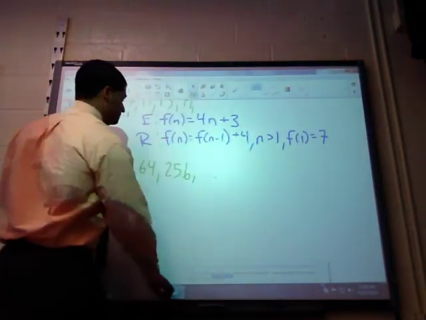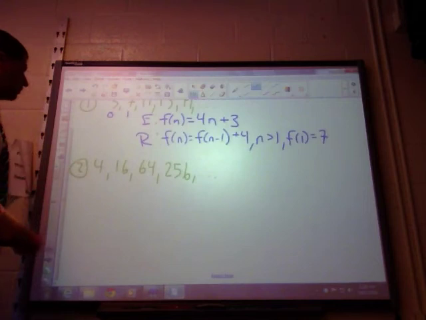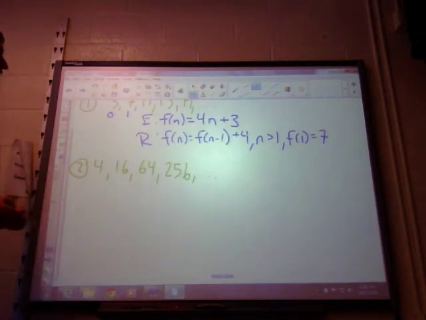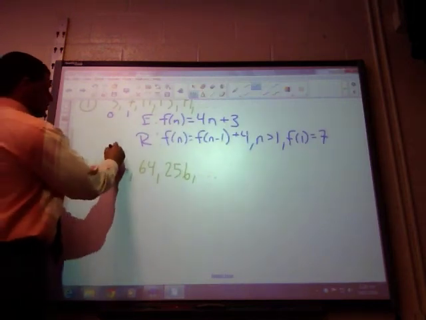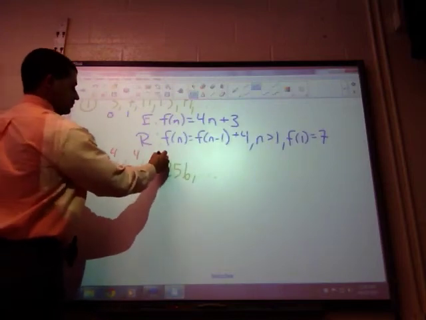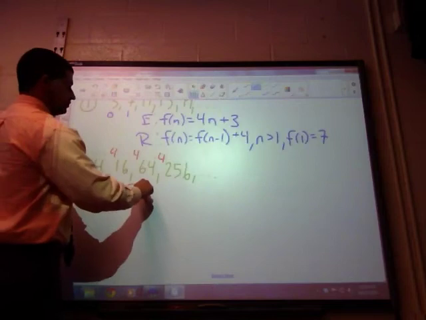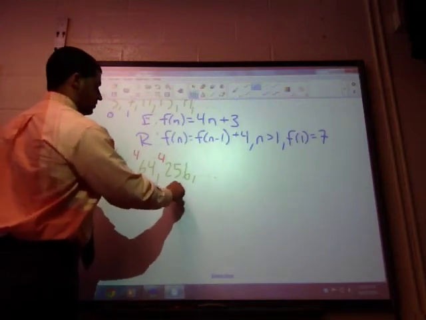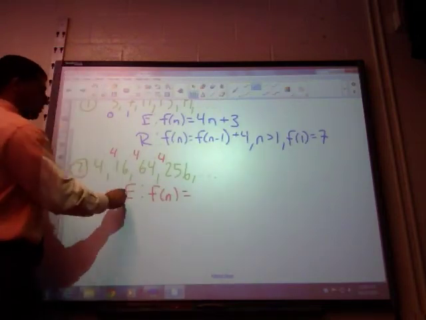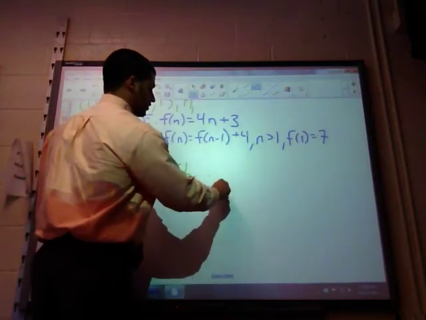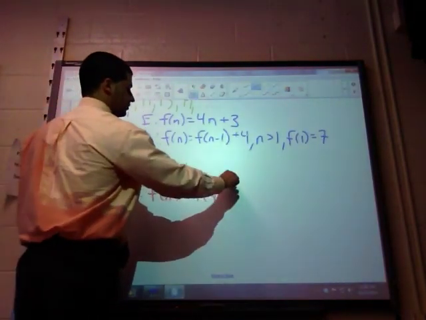So on to the next one. 4, 16, 64, 256. Looks like we're multiplying by 4 each time. So we would see that this is a geometric. We would say for our explicit, f of n equals our initial term 4 times our common ratio 4 to the n power.